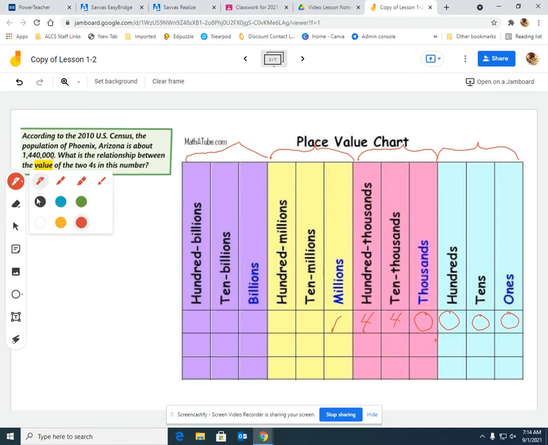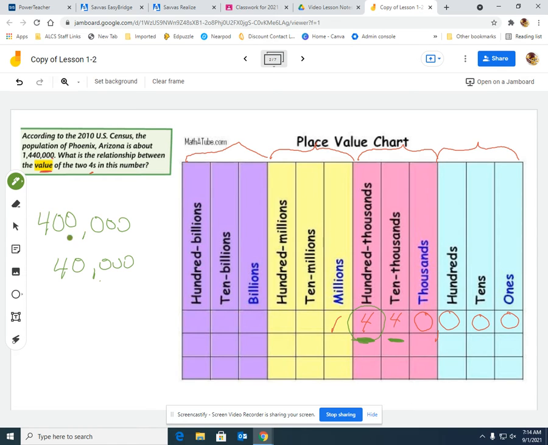The first one is 400,000. And the value of the second one is 40,000.